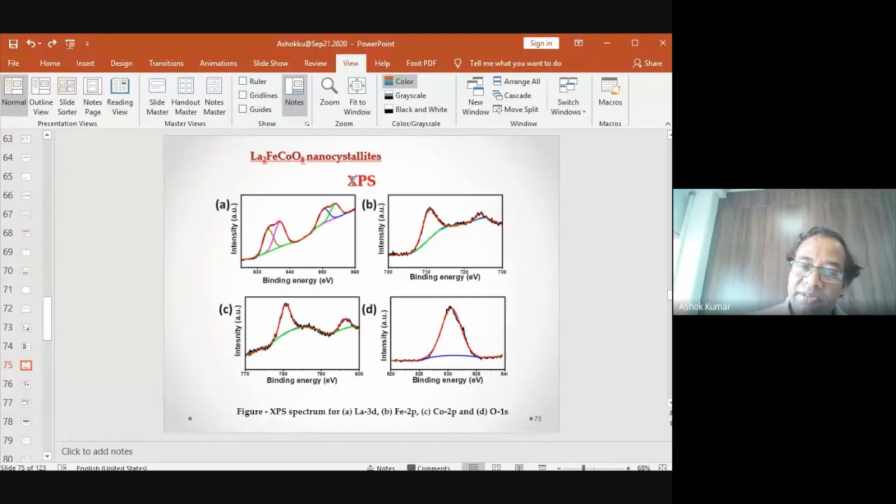Why is it called a very good surface characterization technique? Because it gives information from the top few layers. It does not give the bulk information. It can give you precise information about the surface, only including the top few layers.